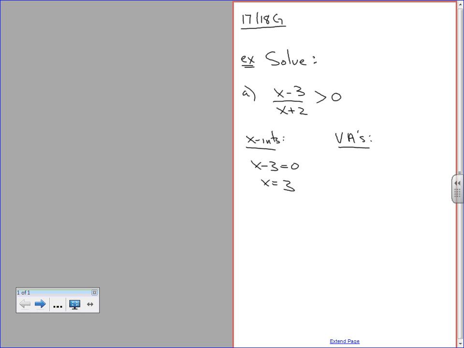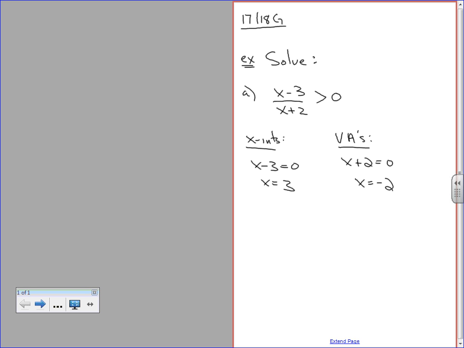So x equal to 3 is the intercept. How do I find the vertical asymptote? I think you guessed, George. Thank you. So whatever's on the bottom, you set it equal to 0. I get x is equal to -2.